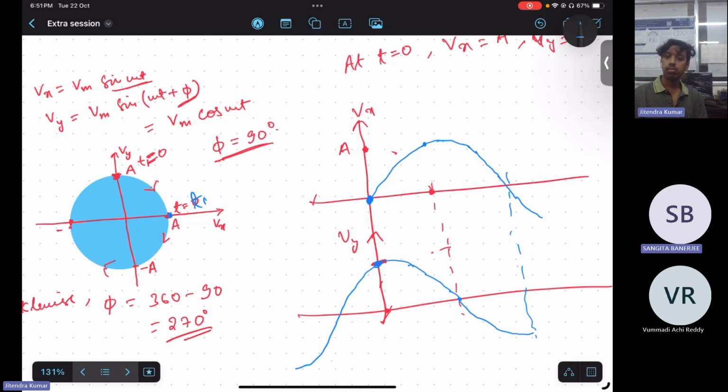Vx is lagging Vy by 90 degrees. It means Vy is leading Vx by 90 degrees. So this phi will be 90 degrees, because we need the angle by which Vy is leading Vx. That is why for clockwise it is 90 degrees. Now you got the idea?